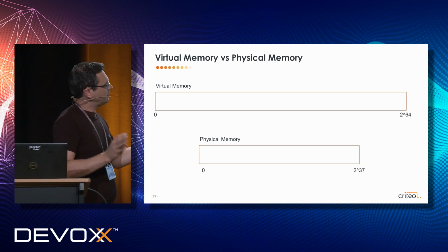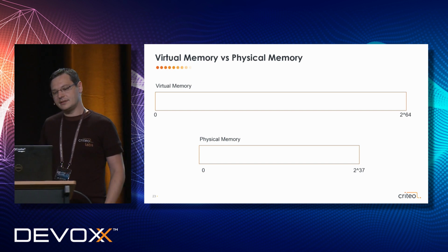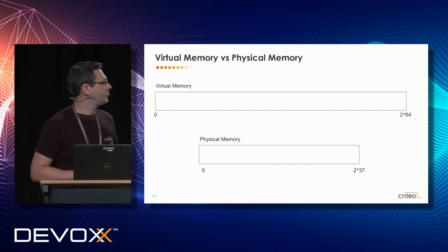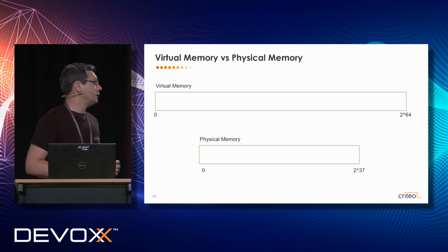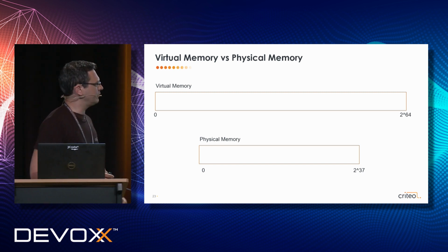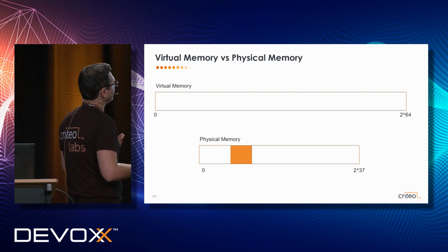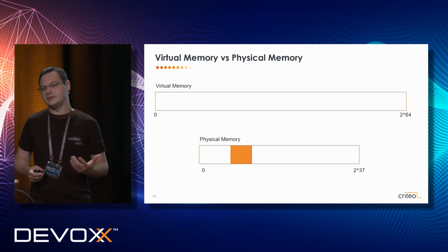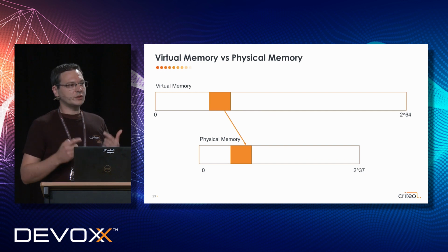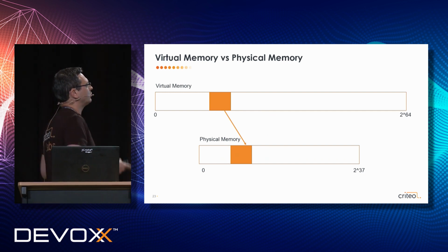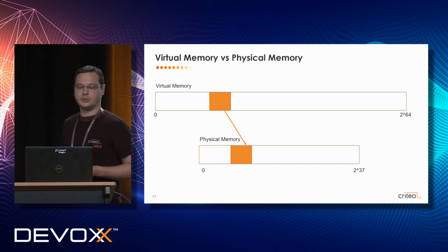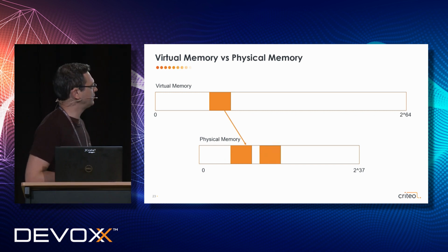And physical memory is smaller, so 2 to the power 37, it's like, I don't remember, 16 gigabytes, something like this, whatever. So we can allocate a page in this physical memory and back it by a page in the virtual memory. This is a 1-1 mapping. That's most of the time the way we are using virtual memory and physical memory.